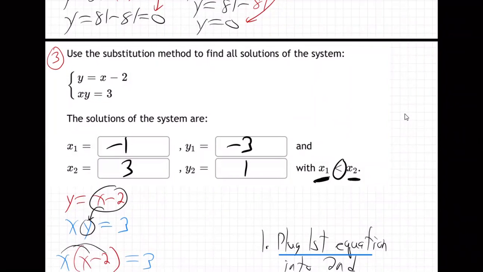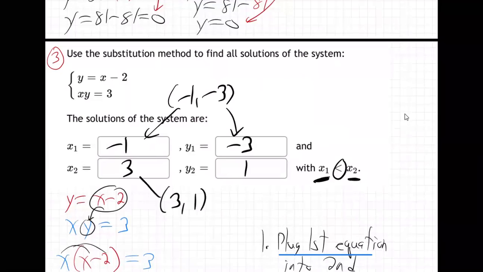Makes sense? So the -1, -3 goes there and there, and the 3, 1 goes there and there. They want the lower x here. -1 is lower than 3, and the higher x there.